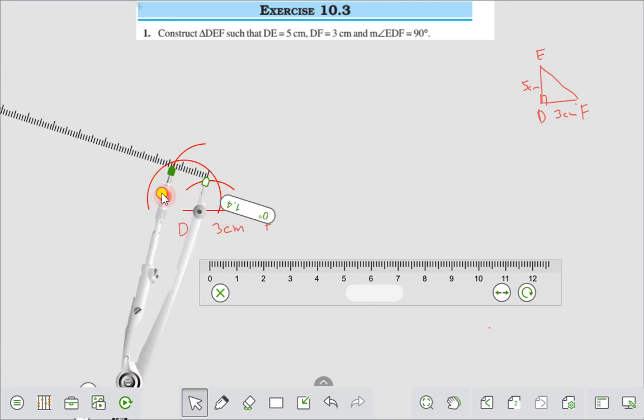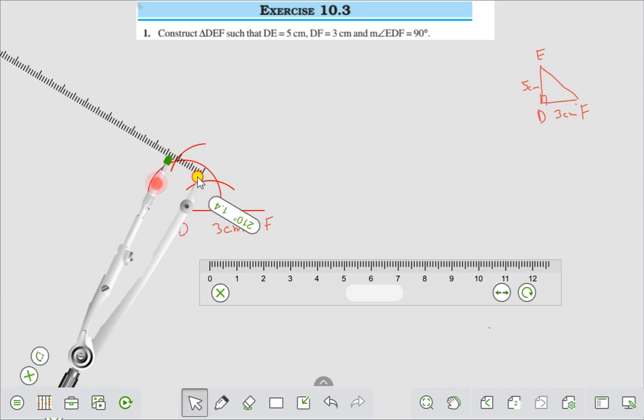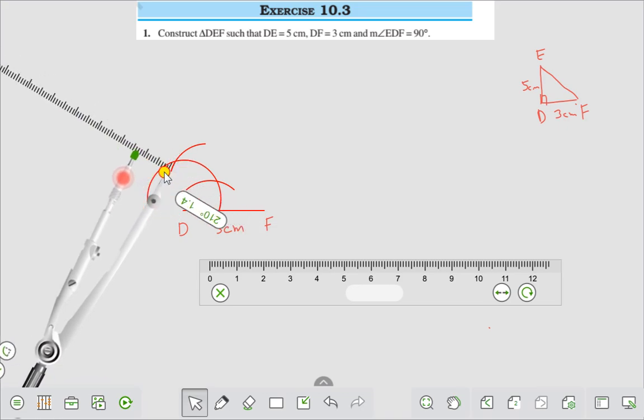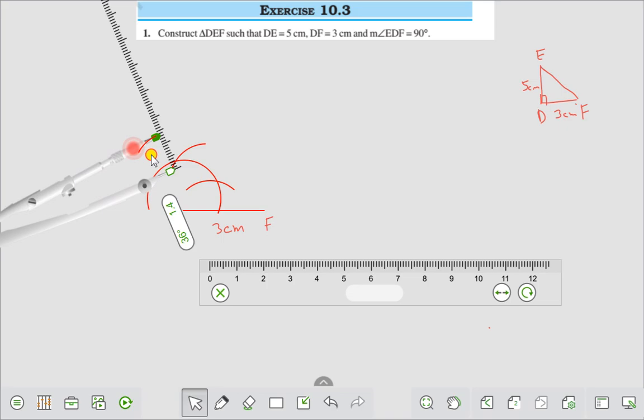Now with this pointer, take an arc again.